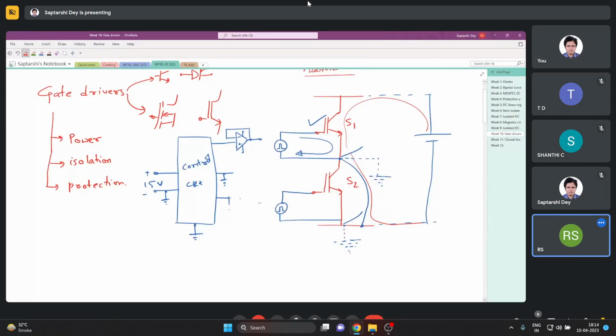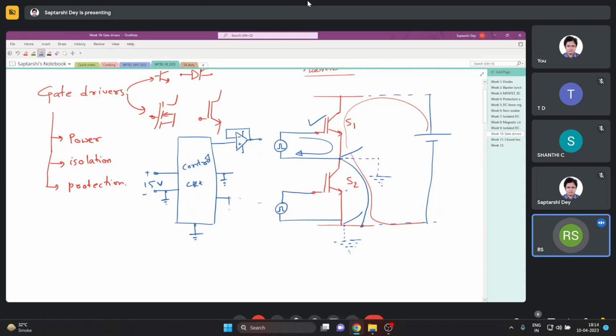If you look at this blue path, S2 is supposed to be off at the time, but it doesn't matter. S2 is anyway bypassed. By normal inverter operation, we do not turn on S1 and S2 together, but S2 is anyway bypassed to the control circuit ground.